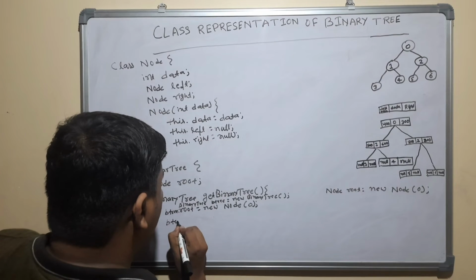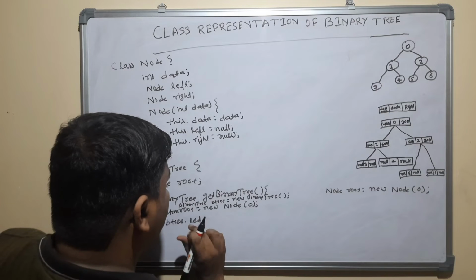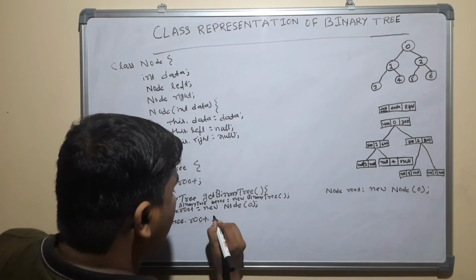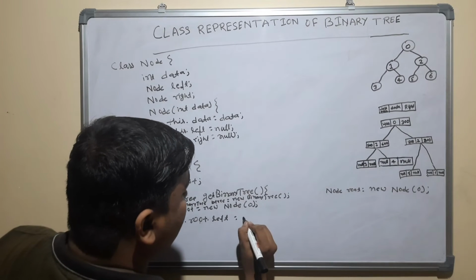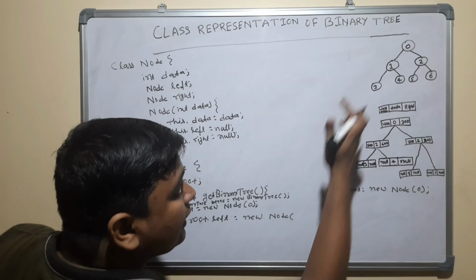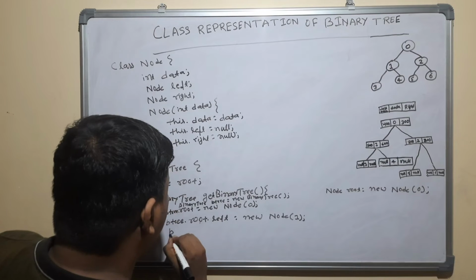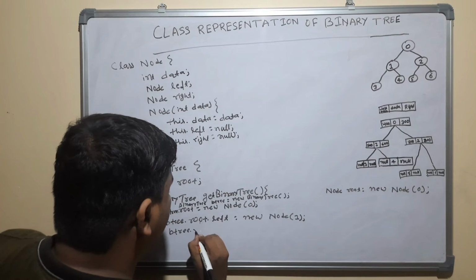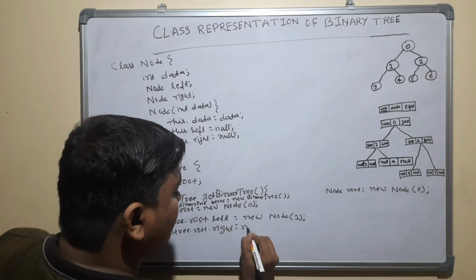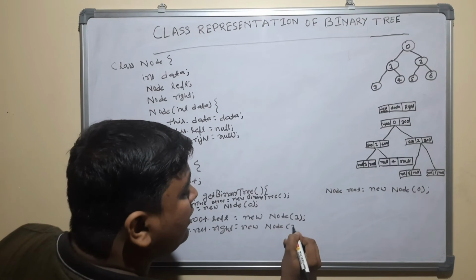So binary tree dot root dot left, I have to create one new node that will call the node constructor, and it will give value 1. And the right one, value is 2.